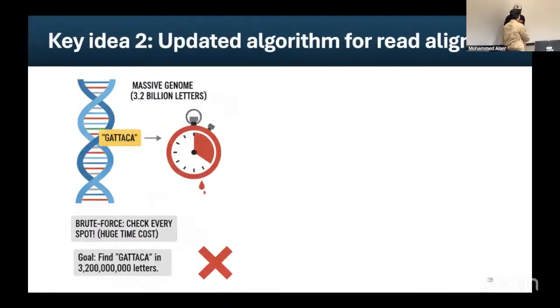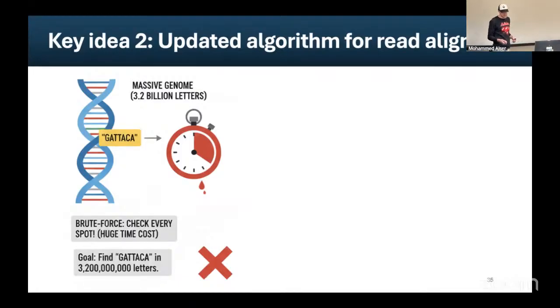Right, so that was the LineRD architecture, and now we'll move to the second key idea, which is the updated algorithm that leverages that architecture. Before we move to the updated algorithm, we will talk about how we actually align reads to the reference.